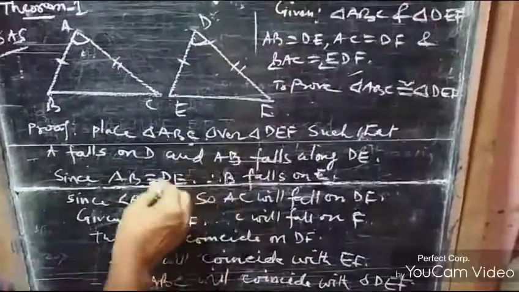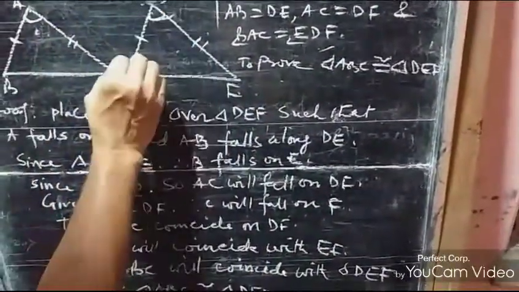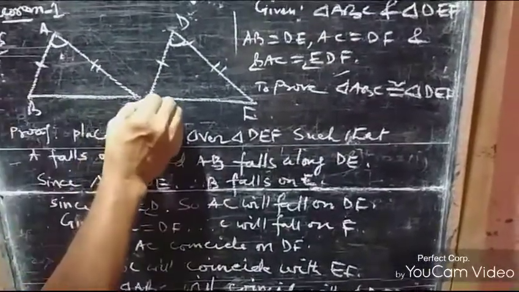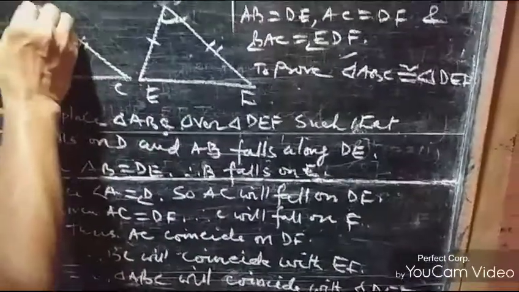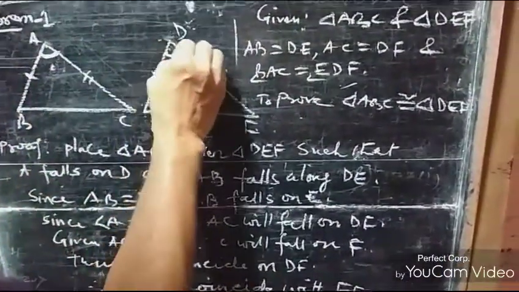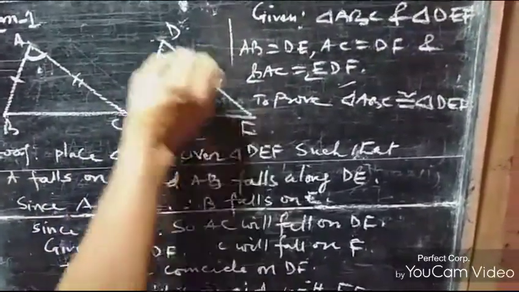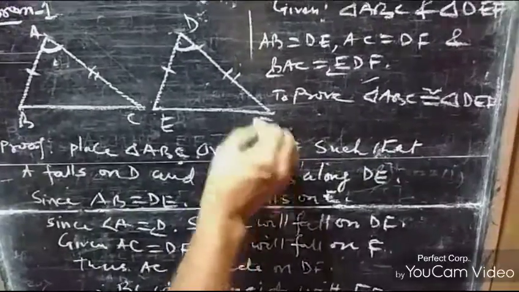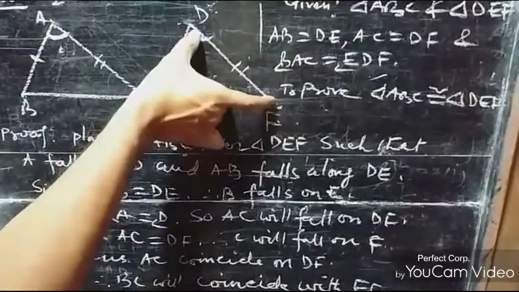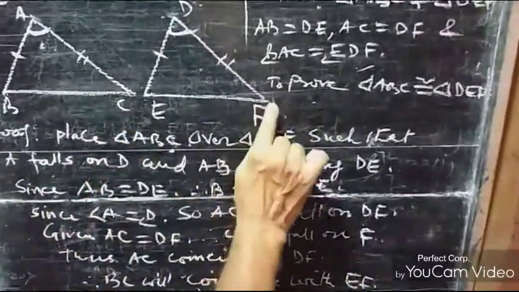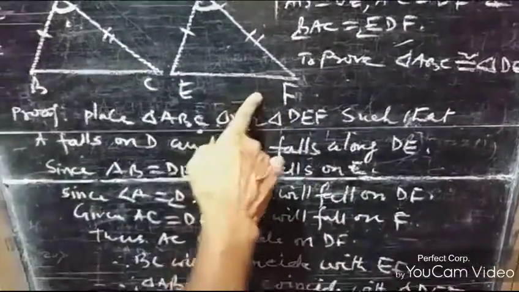As AB falls on DE and AB is equal to DE, point B will also fall on E. Now angle A is equal to angle D, therefore side AC also falls on side DF. If it falls on DF and AC is equal to DF, then definitely point C will also fall on F.